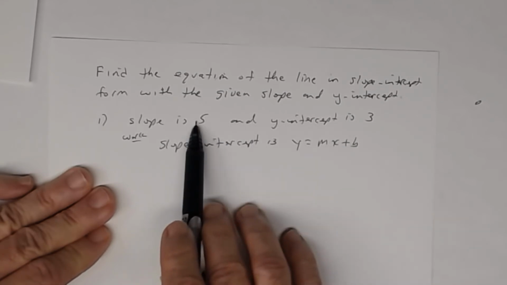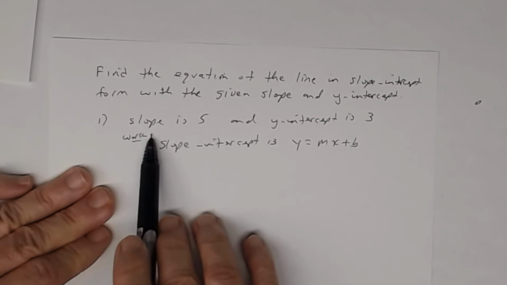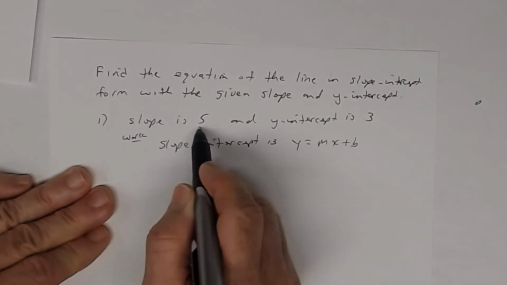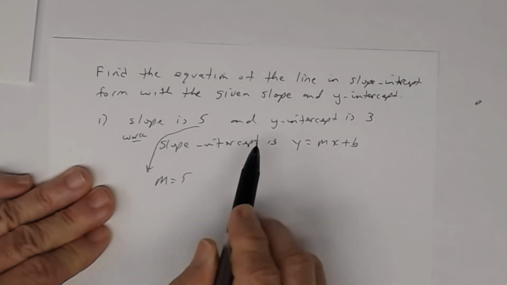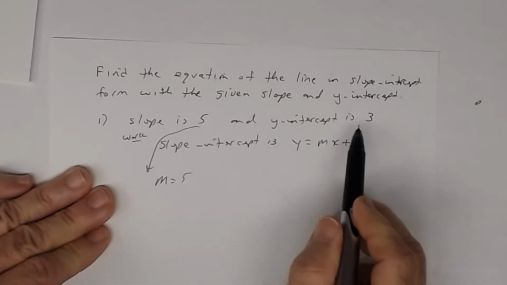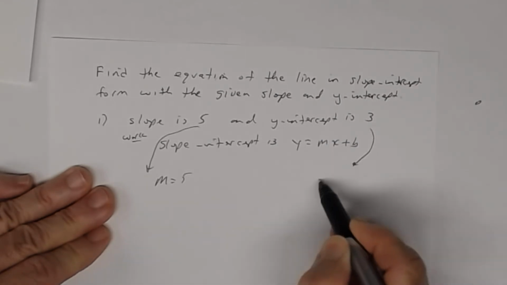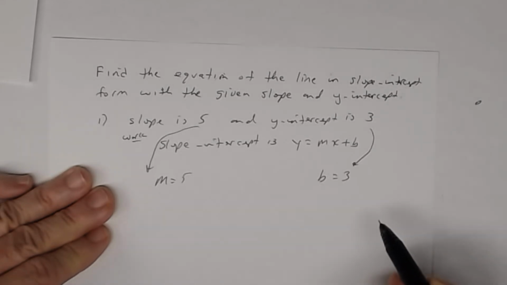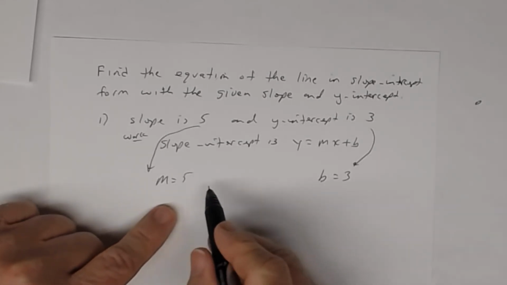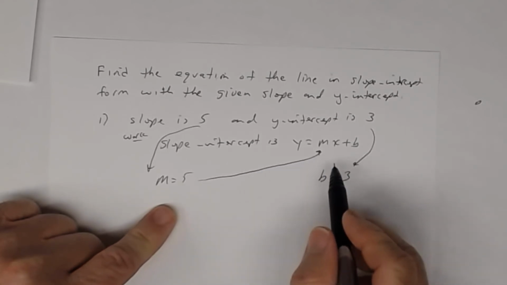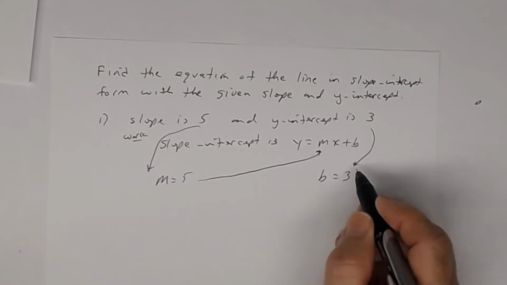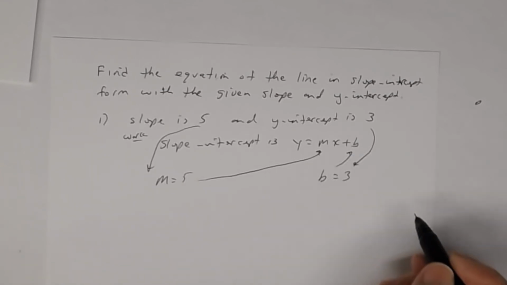You're told the slope is 5, which means m equals 5. The y-intercept is 3, which means b equals 3. All you do is take this value of m and plug into the equation of the line in slope-intercept form, and do the same thing with b.